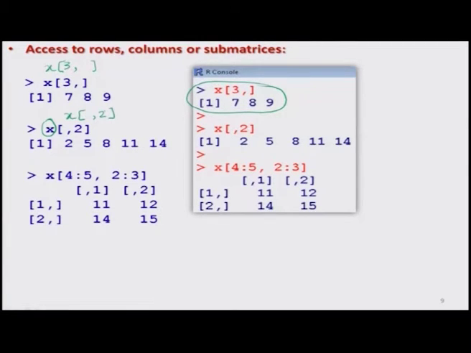So, this will give me access to the second column, and as soon as you type it, you get this value over here, or this is the screenshot you can see over here.